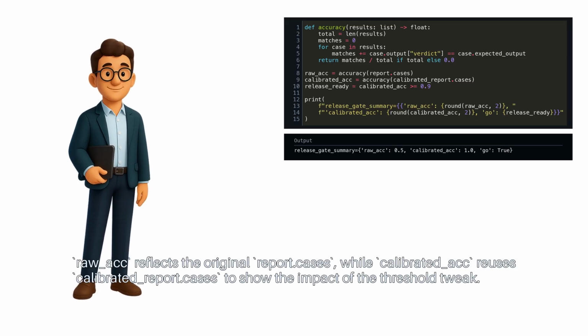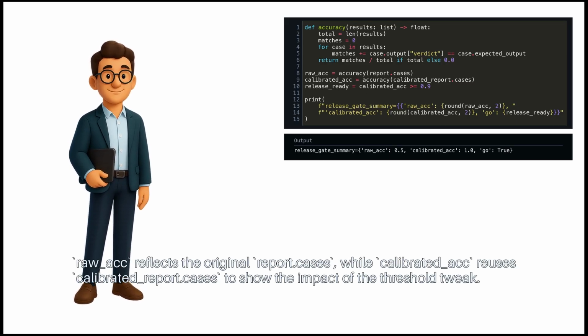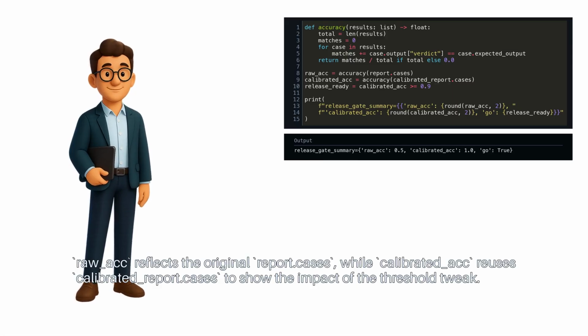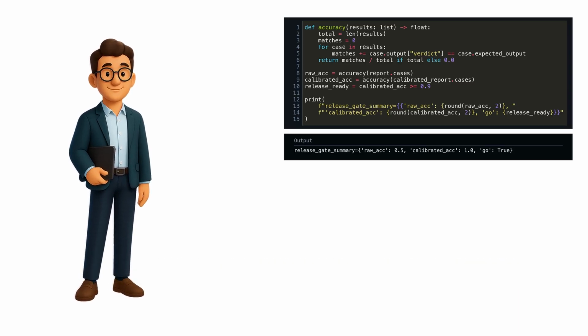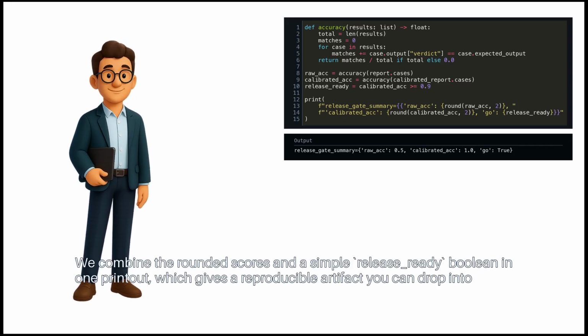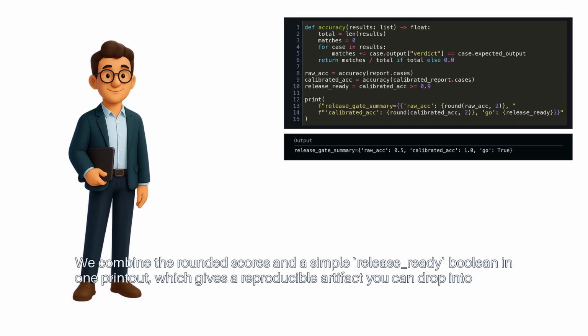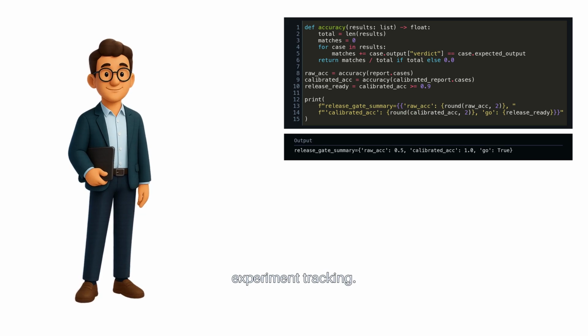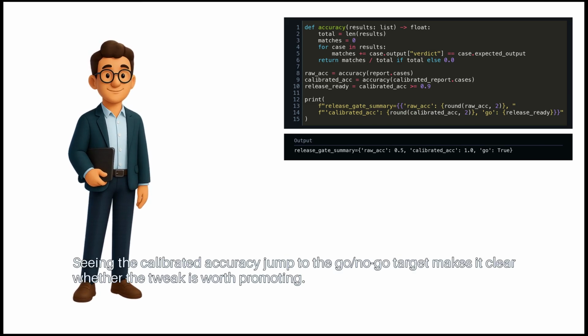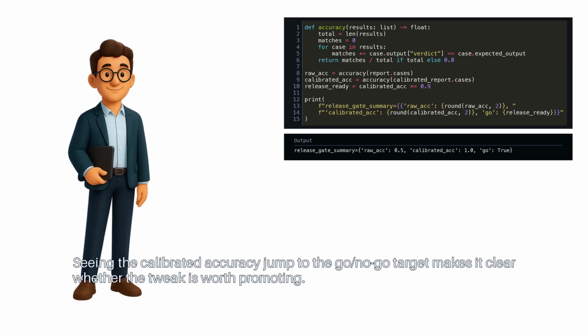Raw accuracy reflects the original report.cases, while calibrated accuracy reuses the calibrated report.cases to show the impact of the threshold tweak. We combine the rounded scores and a simple release-ready boolean in one printout, which gives a reproducible artifact you can drop into experiment tracking. Seeing the calibrated accuracy jump to the go-no-go target makes it clear whether the tweak is worth promoting.